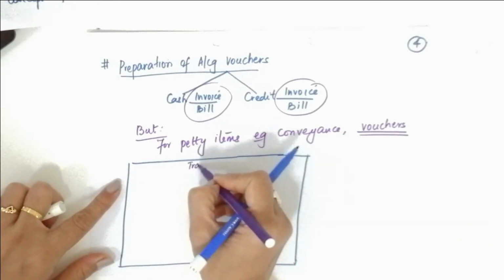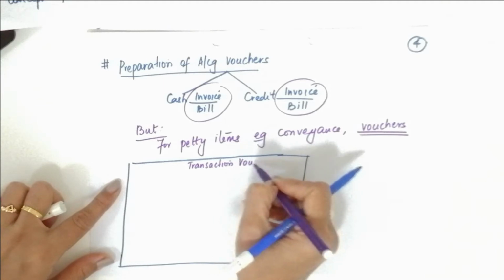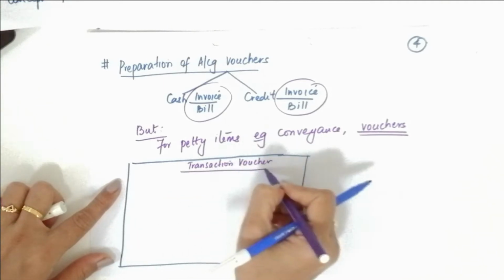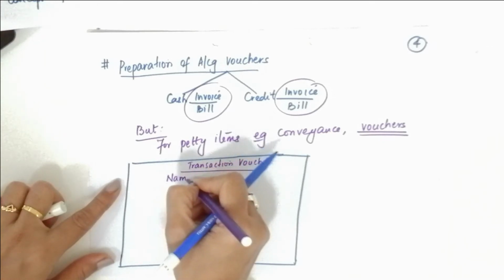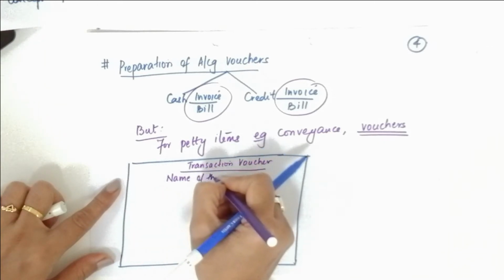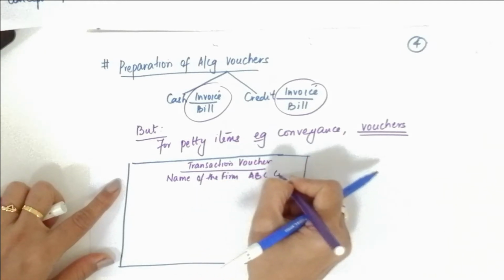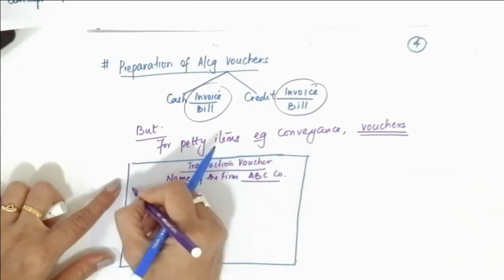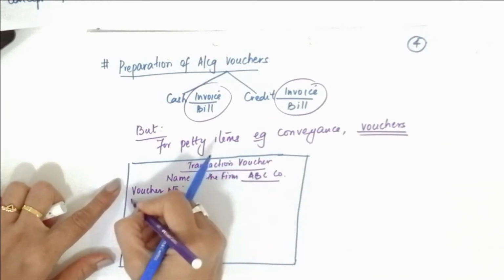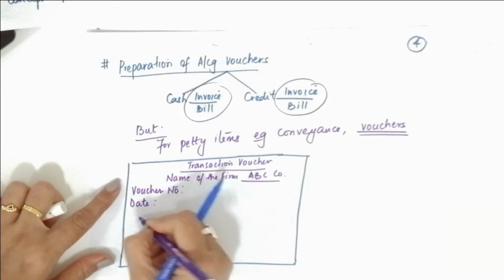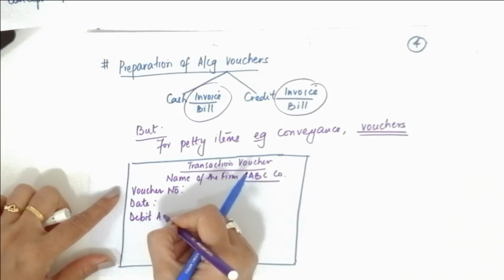So here is the transaction. This is the name, transaction voucher, and then the company's name, let's say ABC company, all right? And then we have the voucher number here, and then we have date, then debit account, which I will explain to you, don't worry, okay?